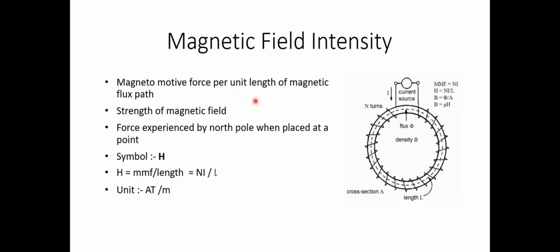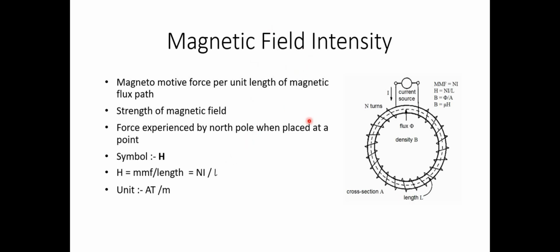Next is magnetic field intensity, which we see in the MMF equation. That is MMF equal to H into L. And magnetic field intensity is represented as H. It is nothing but MMF per unit length of the magnetic flux path. That is MMF by L. That is what magnetic field intensity is.